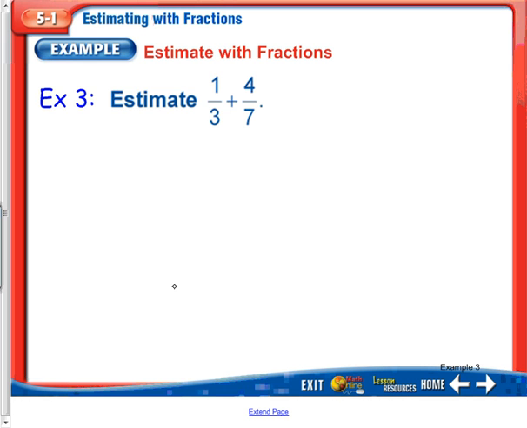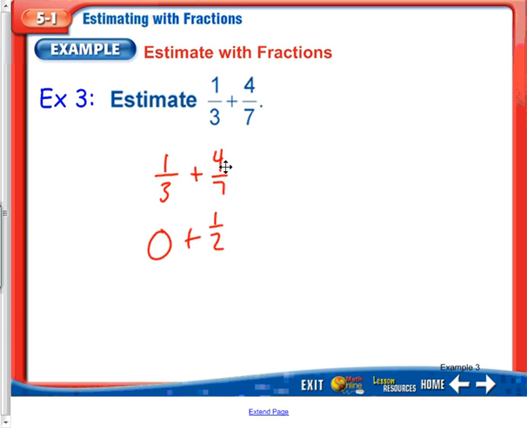All right, for example number 3, it says estimate. Again, estimate with fractions. So we're doing 1/3 plus 4/7. And again, we're not being asked here to find the actual answer. In this case, 1/3 is actually really close to 0, so we're just going to round it down to 0. And 4/7, well, I know if the 7 was an 8, it would be 1/2. So in this case, you can go ahead and round that to 1/2.